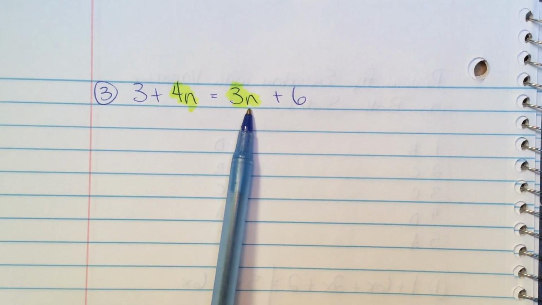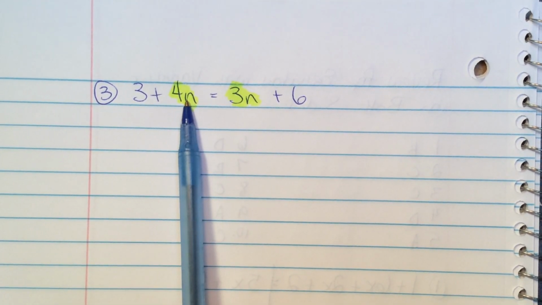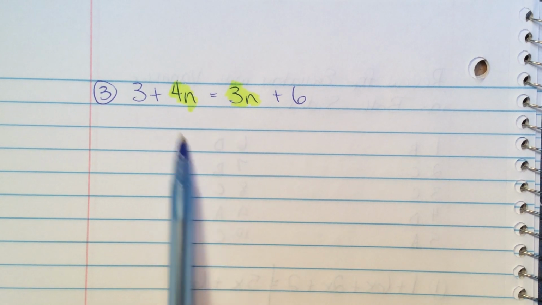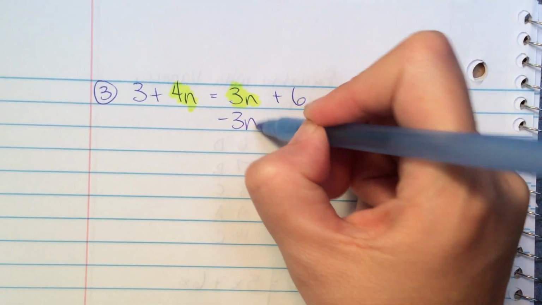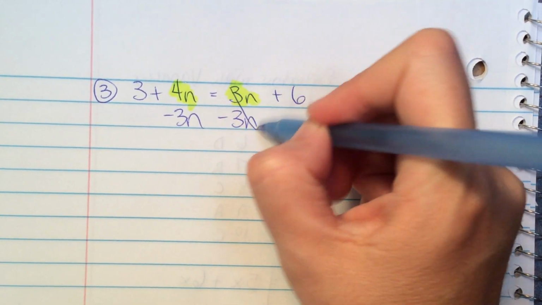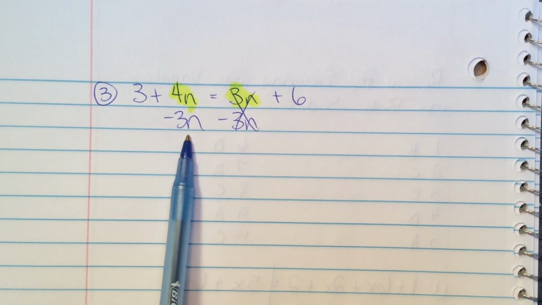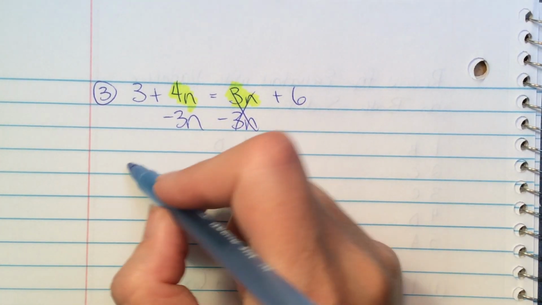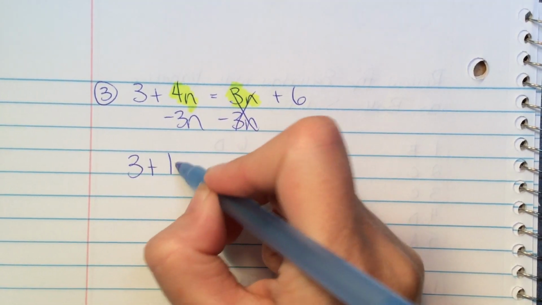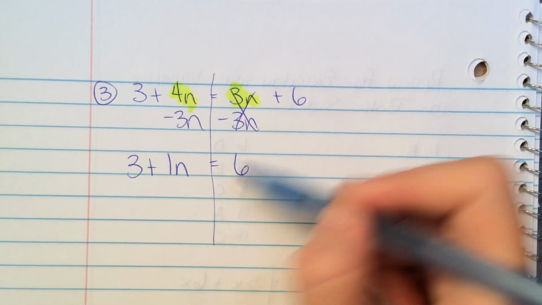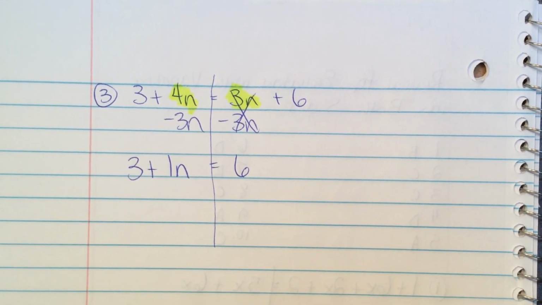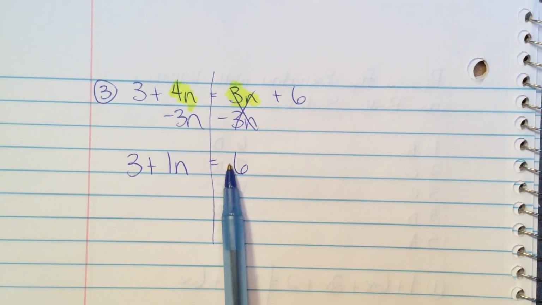Which one's smaller? Well, it's way easier when they're positive because everybody understands positive numbers. 3n is smaller. So we subtract 3n. 4 minus 3 is 1. So we get 3 plus 1n equals 6. I keep my 6 here.